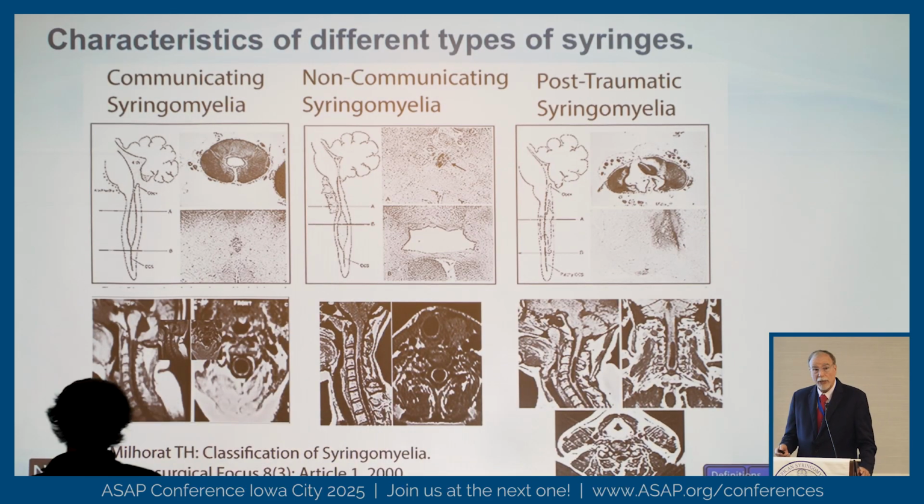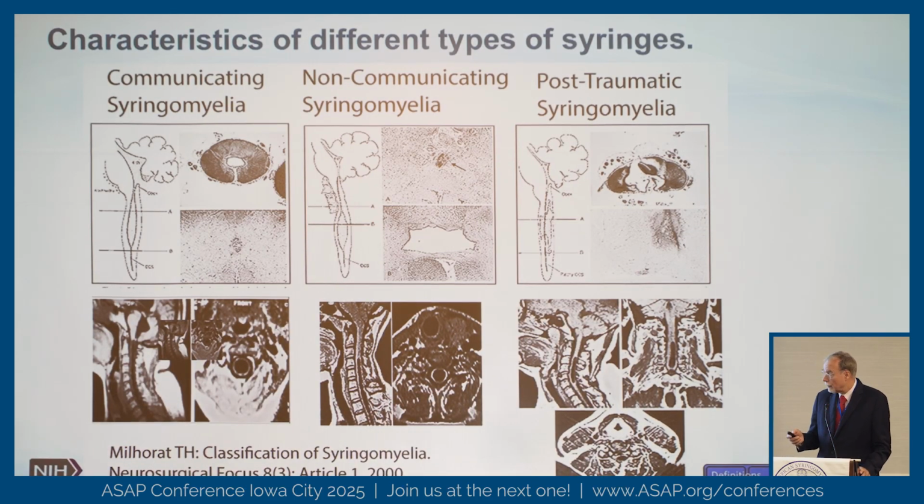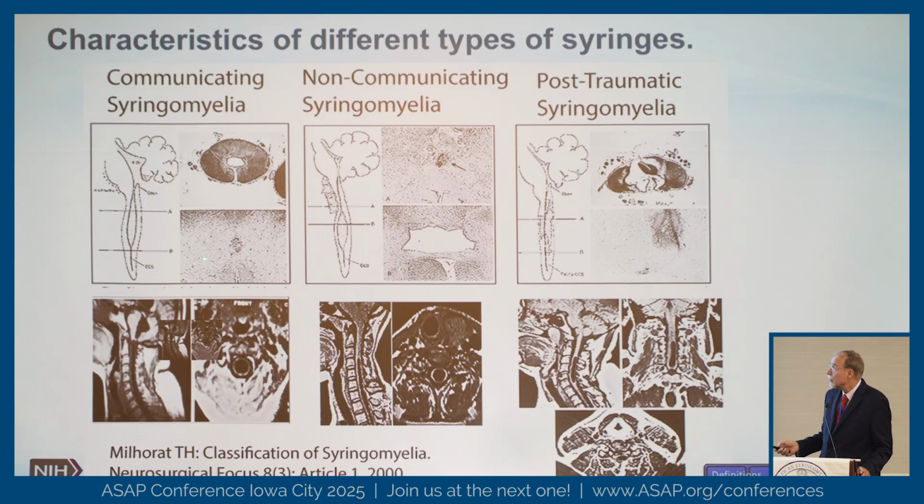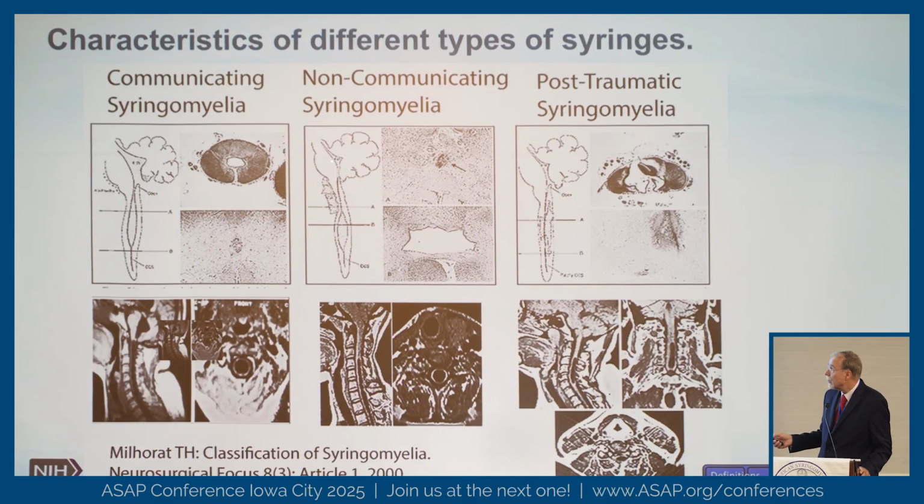All right, Dr. Miller, who was one of the first people on the scientific advisory board here, came up with a classification of syringomyelia where if the syrinx is attached to the fourth ventricle, that's called communicating. If maybe at some point in embryology there was a connection, but it's no longer there, that's called non-communicating, because the fluid doesn't go between the syrinx and the fourth ventricle.